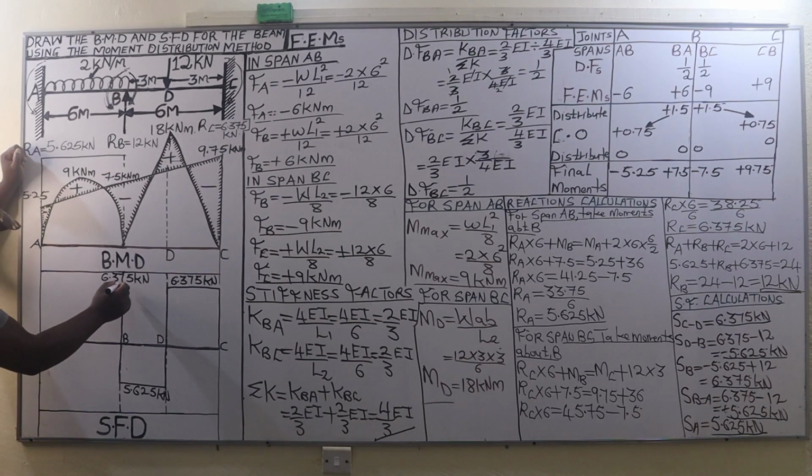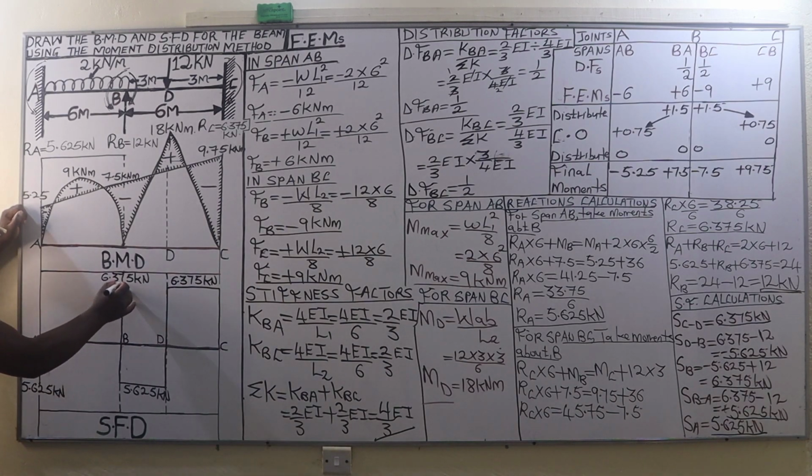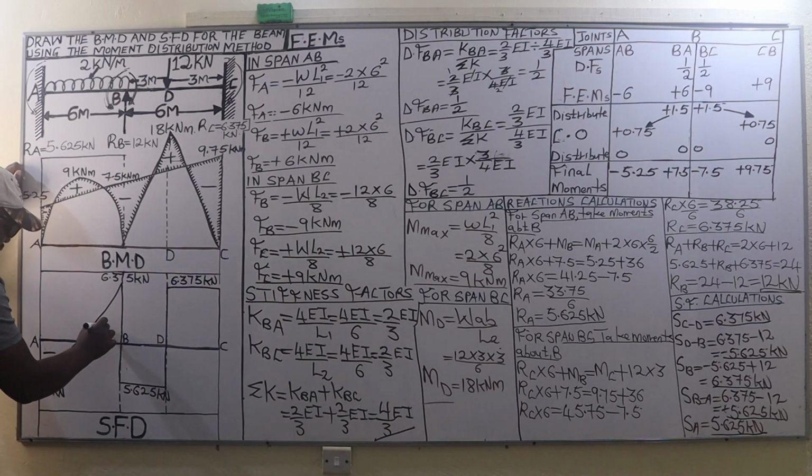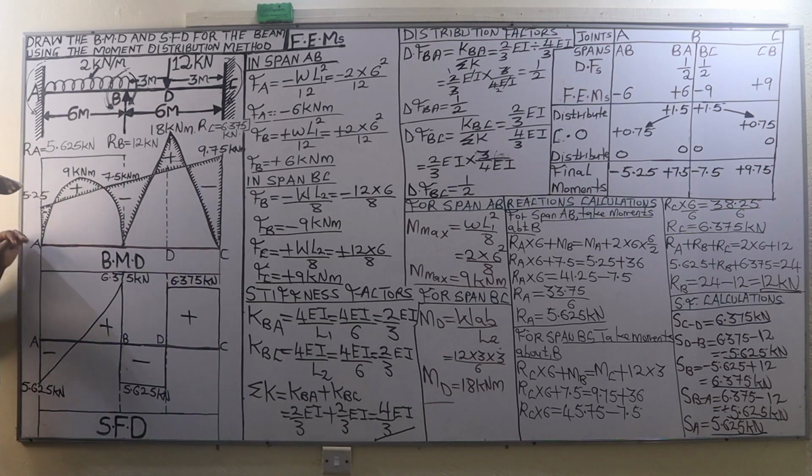So at that point, we are going to join this to this, 5.625 kilonewtons, with the diagonal line. And then shear force at A is 5.625. So this is a negative shear force, positive shear force, negative shear force, and positive shear force. Then to complete our S.F.D, we are going to shade its outline for it to become clear and visible.